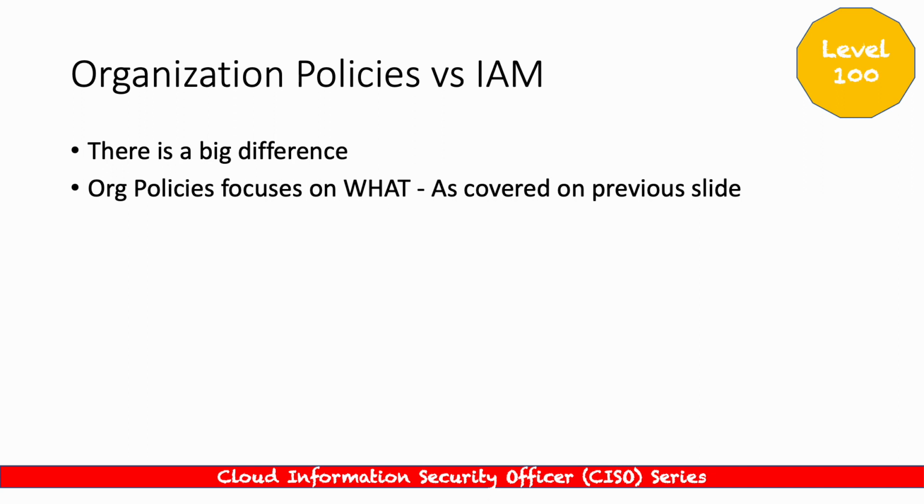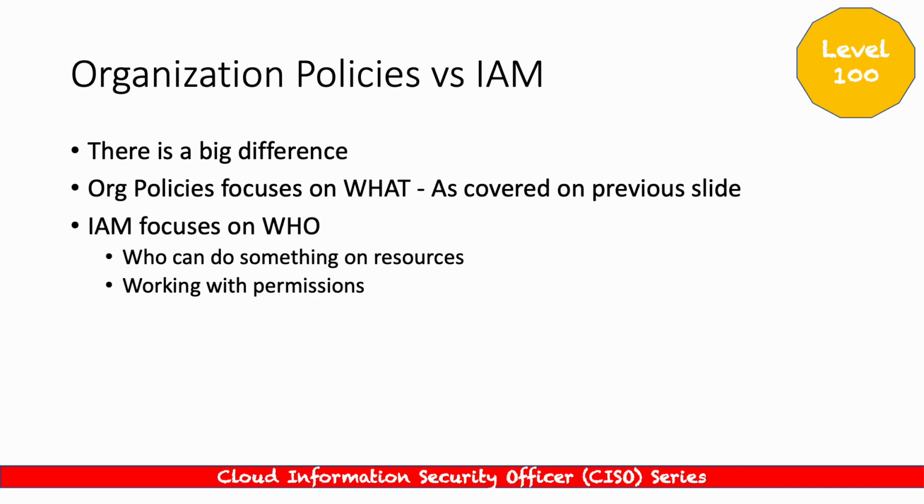Organization policy focuses on what can be done on the resource, but identity access management focuses on who can do something on the resource. With IAM, we're thinking around permissions, and the ability to give permissions on various different aspects.